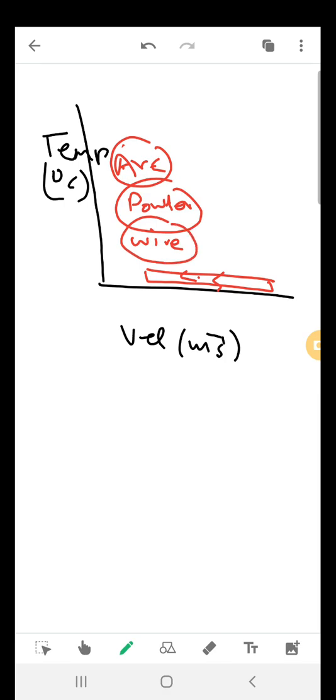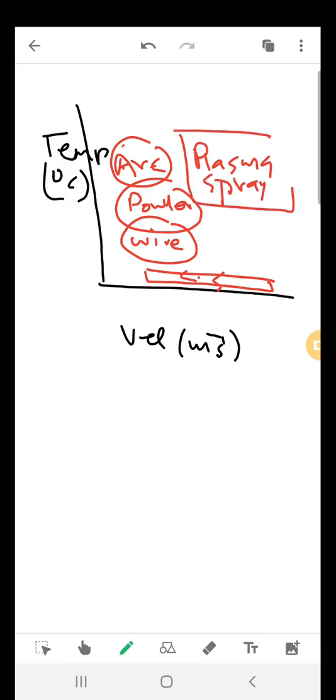Here is the plasma spray technique. And the D gun comes here, detonation gun, because in this case we are going to the high velocity, and HVOF comes here. The extension of this is much more.